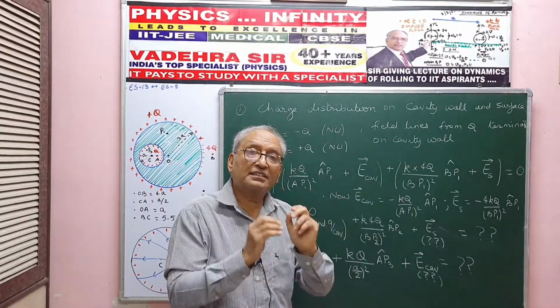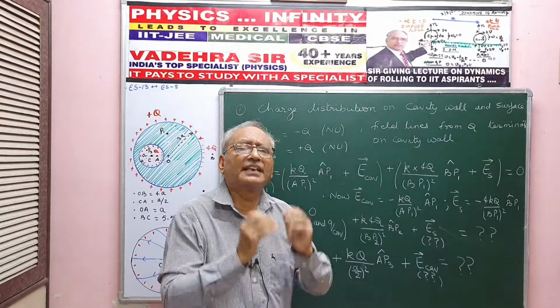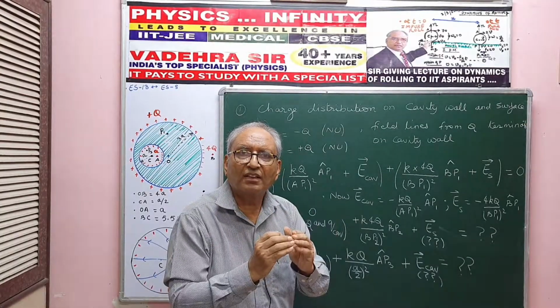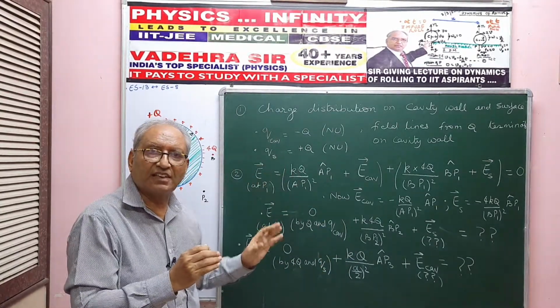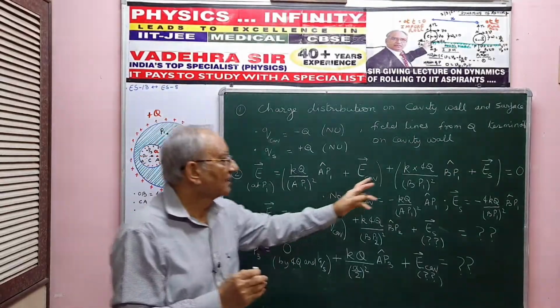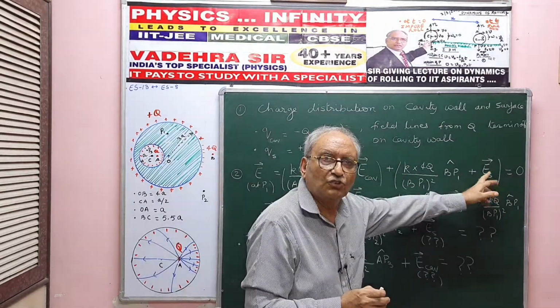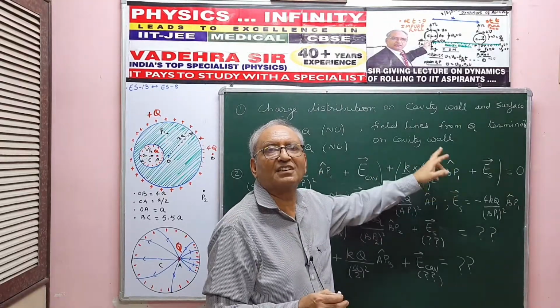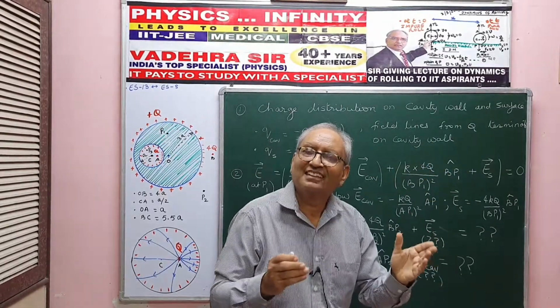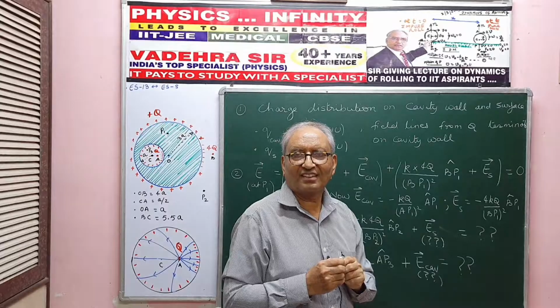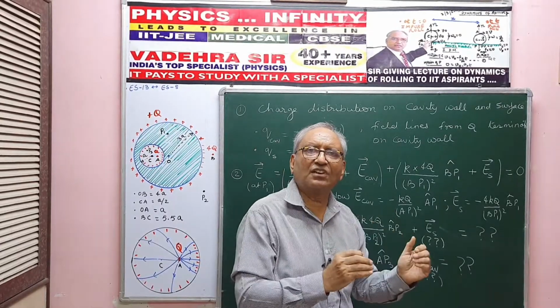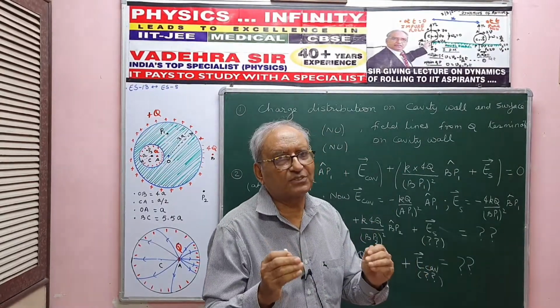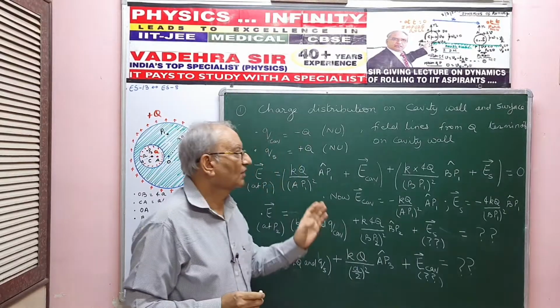Similarly, what is the intensity at P1 due to the charge on the surface? Same thing. Once again, this plus this is 0. So ES arrow will be negative of the contribution from 4Q. So easily I have solved this using the concept of electrostatic shielding. So it is done.